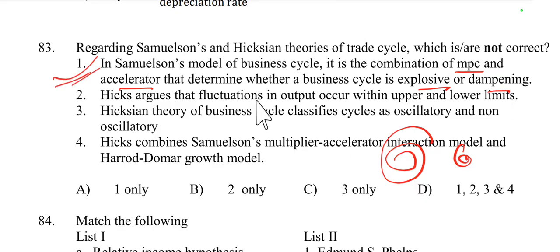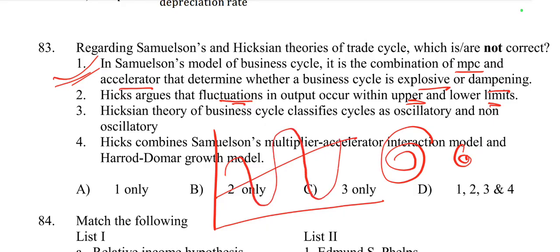Then, Hicks argues that fluctuations in output occur within an upper and lower limit. Yes, generally fluctuations in output occur between an upper limit and a lower limit in the business cycle, so this is also true. Then, Hicksian theory of business cycle classifies cycles as oscillatory and non-oscillatory.